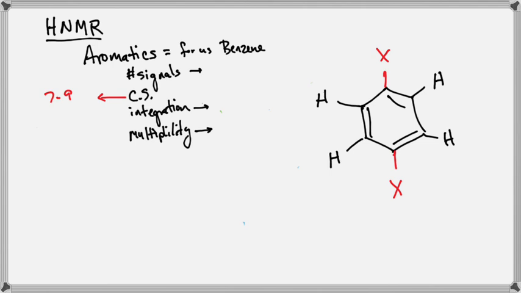Okay. So again, we want to start with our number of signals. To recognize our number of signals, we need to look for internal mirror planes. Do we see any internal mirror planes? Cool. I see an internal mirror plane, which then means this is the same as this, right?